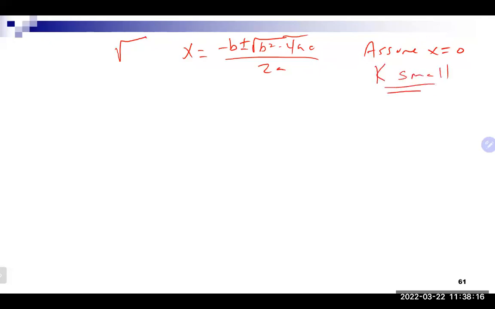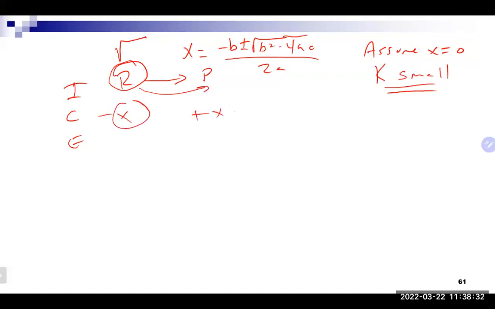When we do our ice table, if our k value is really small, that means not a lot of reactants will be going over to the product side. And that means the x value would be a relatively small number, and we can make the assumption that x is equal to 0.